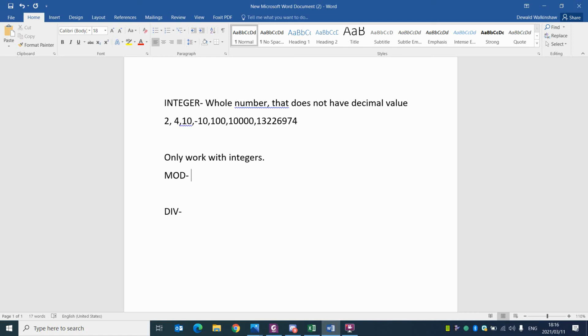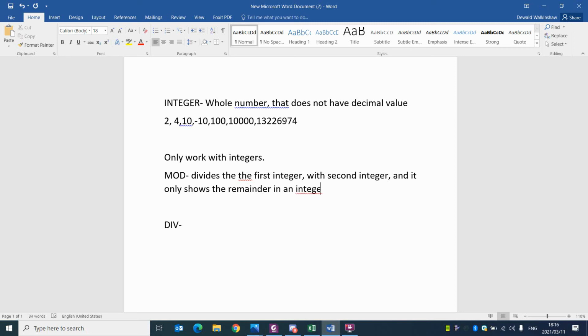What modulus or mod is, is basically a division. It divides two integers, or let me say it basically divides the first integer with the second integer, and it only shows the remainder in an integer value.